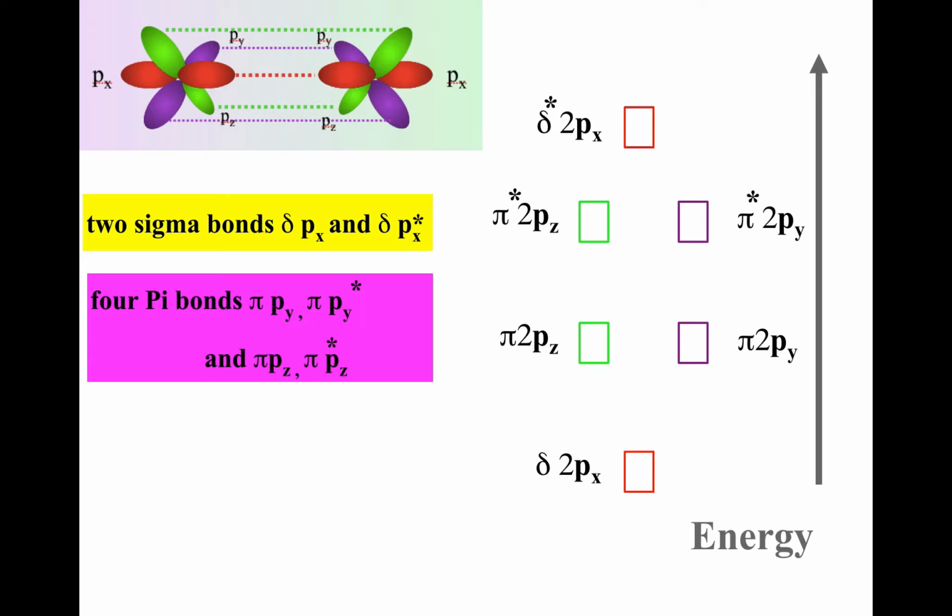So we get 6 orbitals overlapping, and we get 6 molecular orbitals, 2 of them sigma bonding and antibonding, and then pi bonding and antibonding.